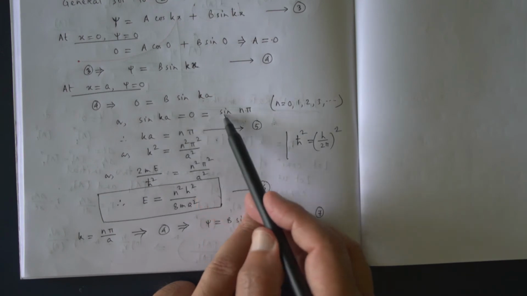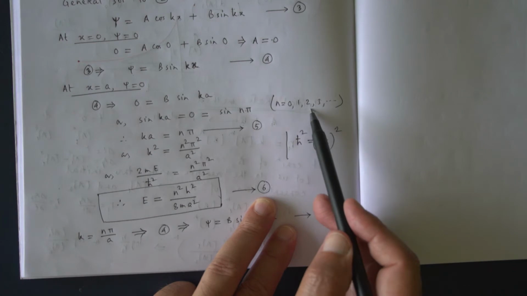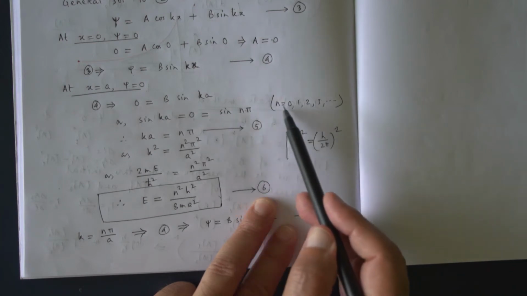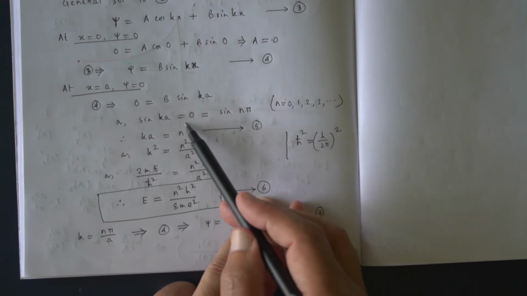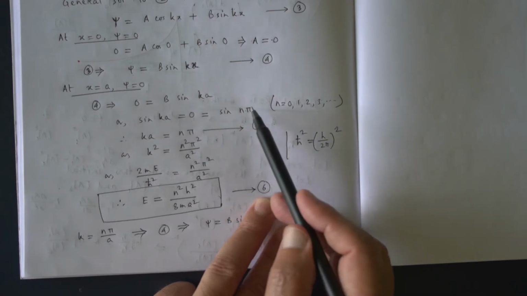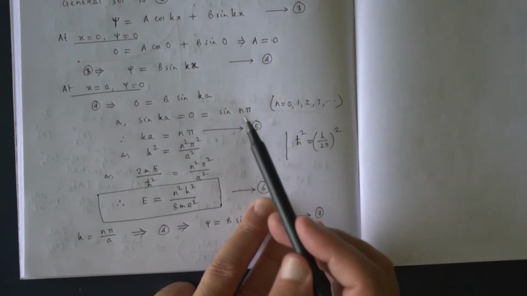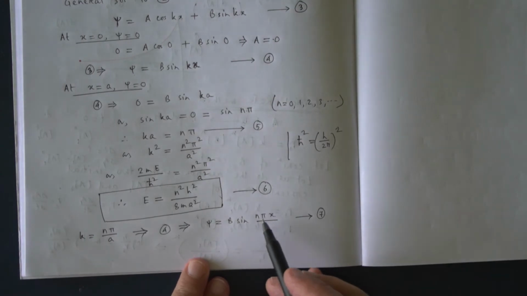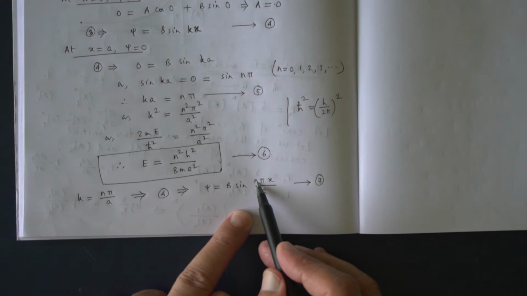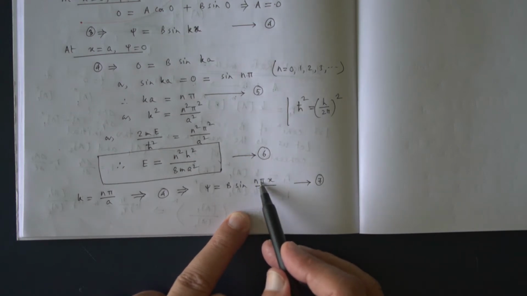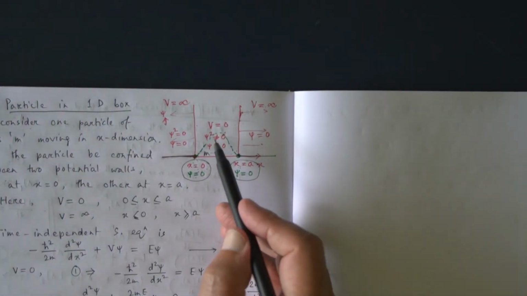Because mathematically these are the possible values, and there is a proof that n can have values like this only. That means n can be 0 also. But here you see, if n is 0, then it will be sin 0. Sin 0 means it will be 0, which is impossible because here psi is not 0.